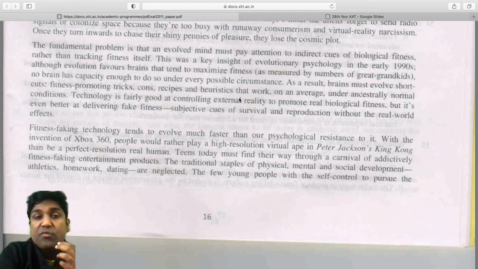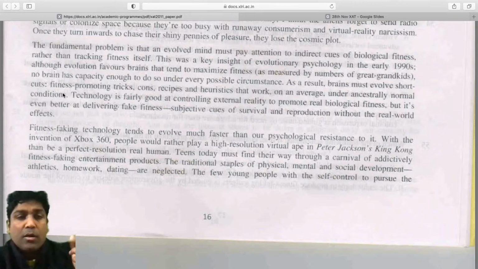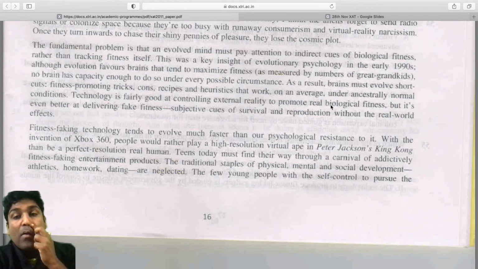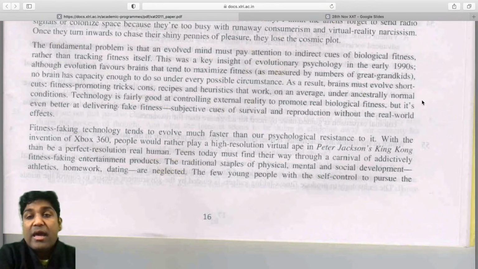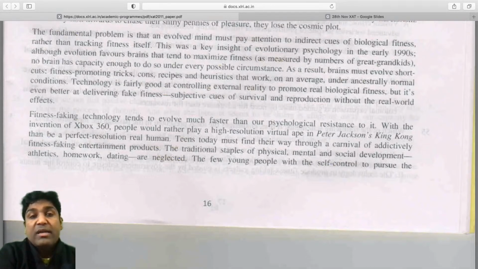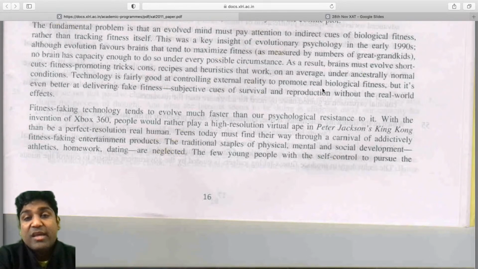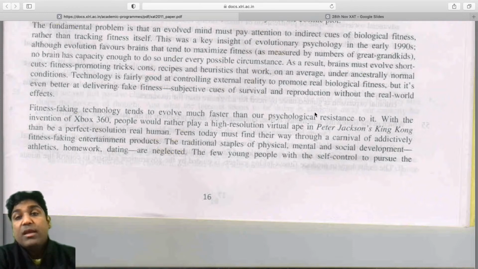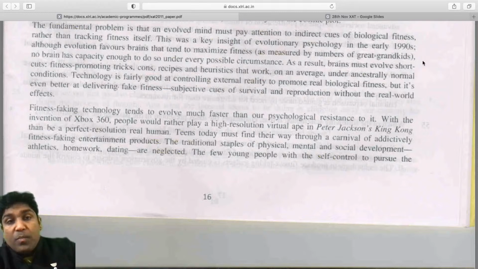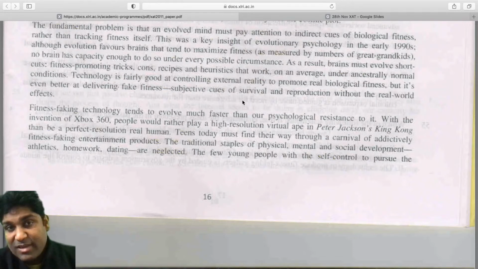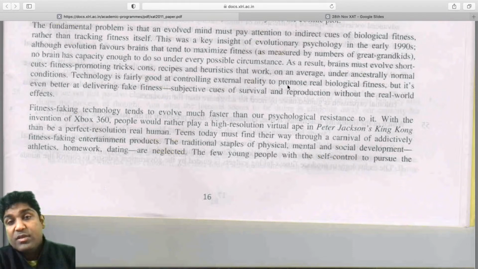As a result, brains must evolve shortcuts, fitness-promoting tricks, recipes, heuristics that work on average under ancestrally normal conditions. Technology is fairly good at controlling external reality to promote real biological fitness. But it is even better at delivering fake fitness, subjective cues of survival and reproduction without the real-world effects.